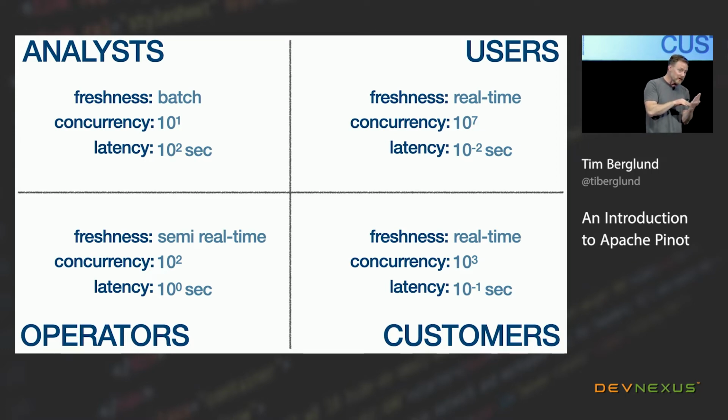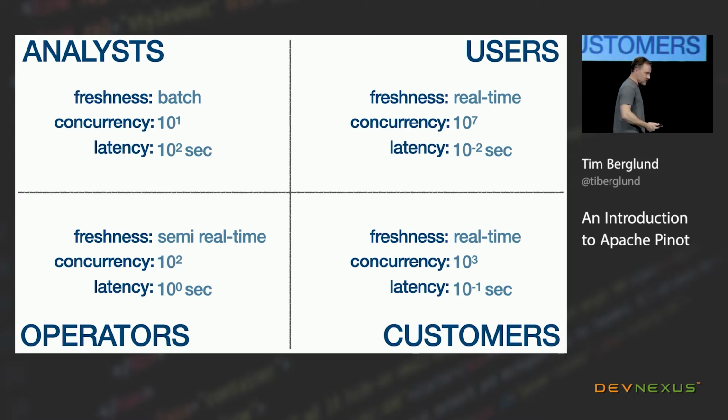Therefore, in order for this app to feel responsive, those queries need to be on the order of 10 to the 1 milliseconds, or 10 to the minus 2 seconds. Tens of milliseconds is the query latency that has to happen there for true user-facing real-time analytics. And there could be tens of millions of me in the population of users hitting the database, doing hundreds of thousands of queries a second.